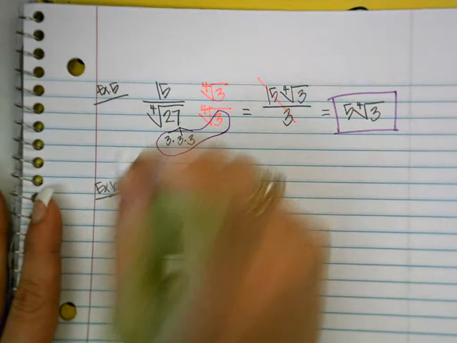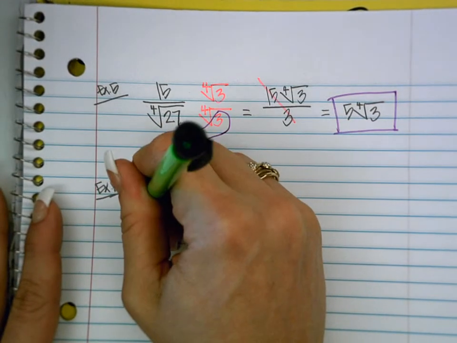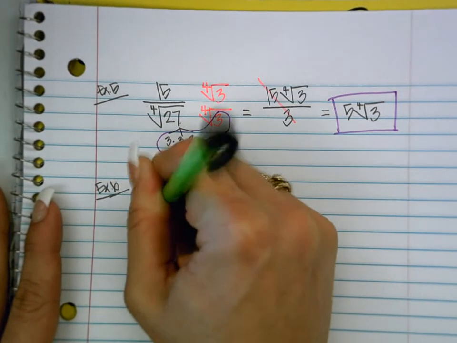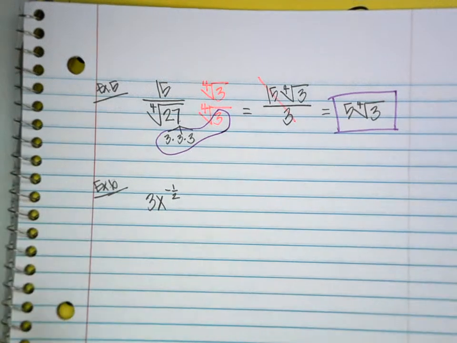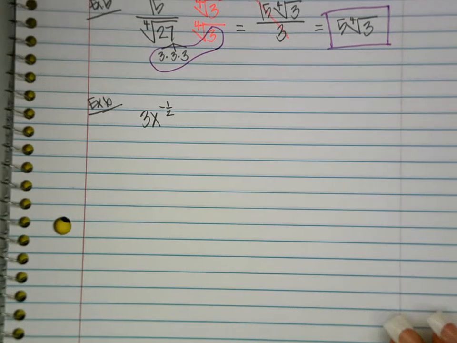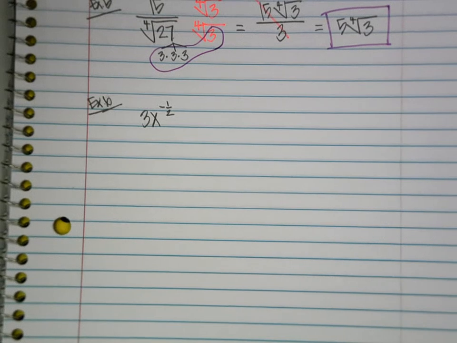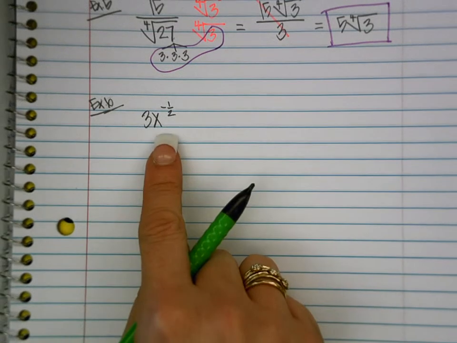Last one. I'd like you to rewrite or simplify 3x to the negative 1/2. First things first, what do you do whenever you have a negative exponent?